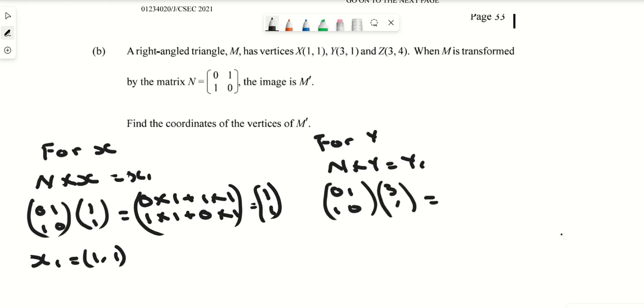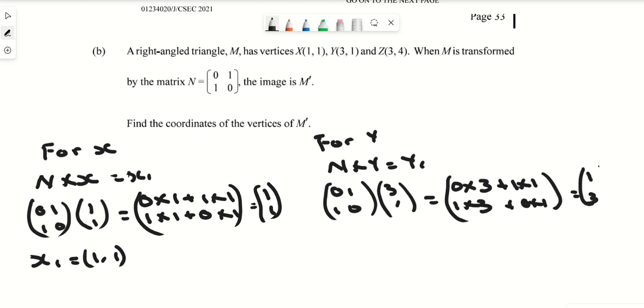So it's row by column and then row by column. That's 0 multiplied by 3 plus 1 multiplied by 1, and then 1 multiplied by 3 plus 0 multiplied by 1. This would be equal to 1, 3. So for Y, its coordinates are 1 and 3.